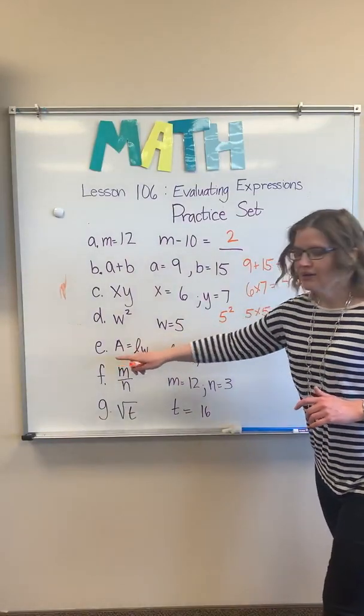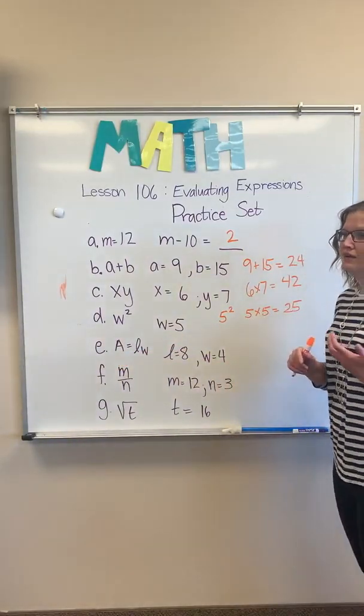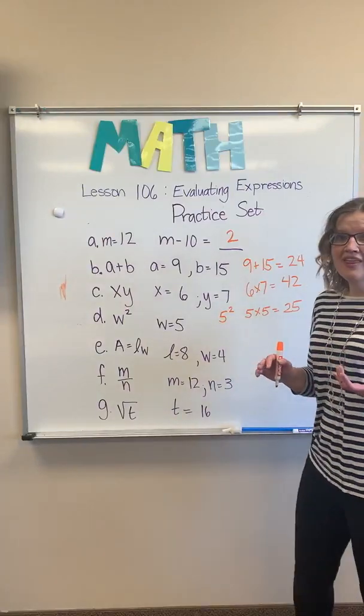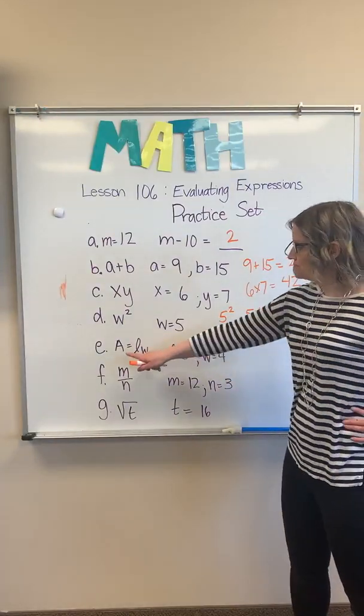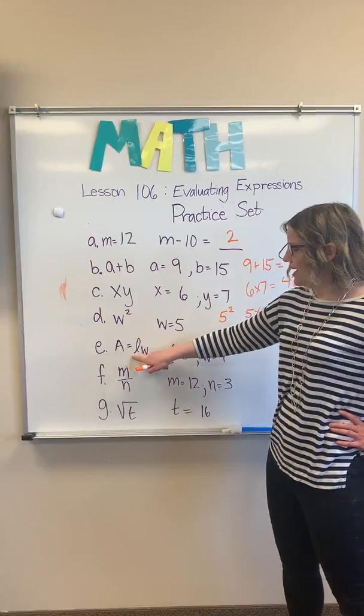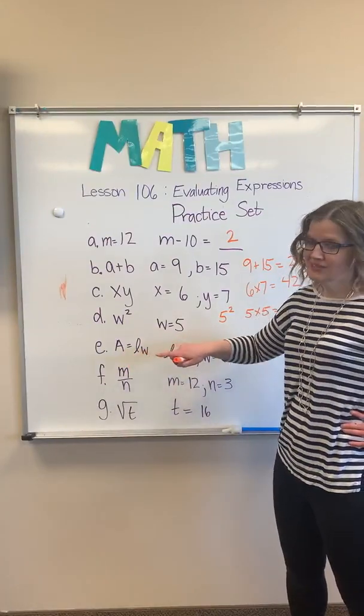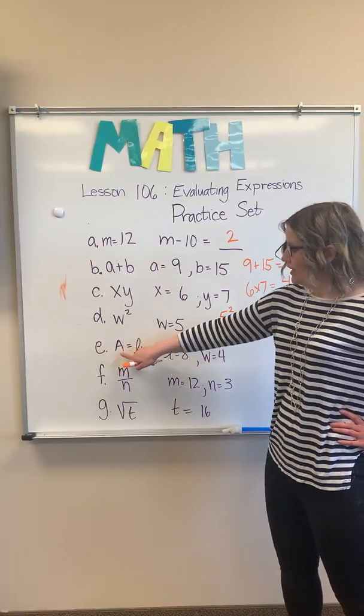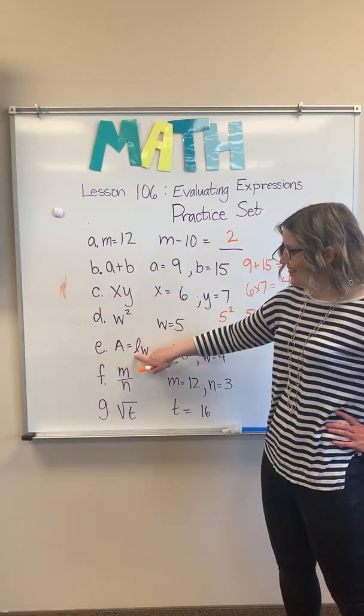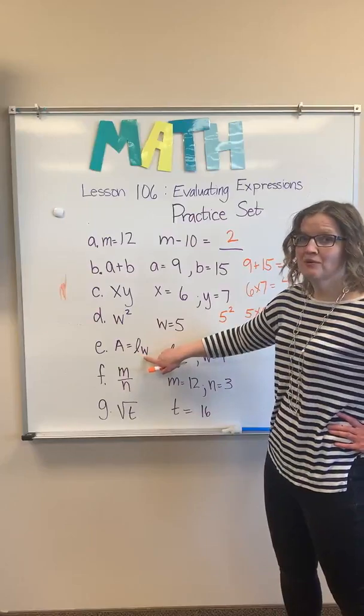E. Now here we have an equation that may look familiar to you. A equals l times w. And we know, tell me if this doesn't look familiar, our area is length times the width.